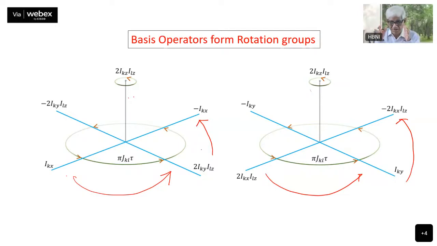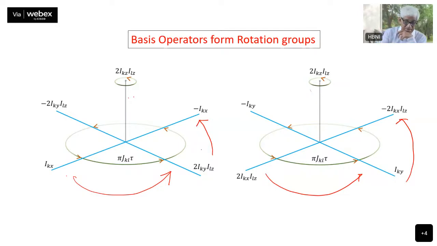Once again, let me repeat, the Hamiltonian part is put along the Z-axis and your basis operators are put in the transverse plane. IKY, IKX, IKXILZ, IKY, these are all my basis operators.